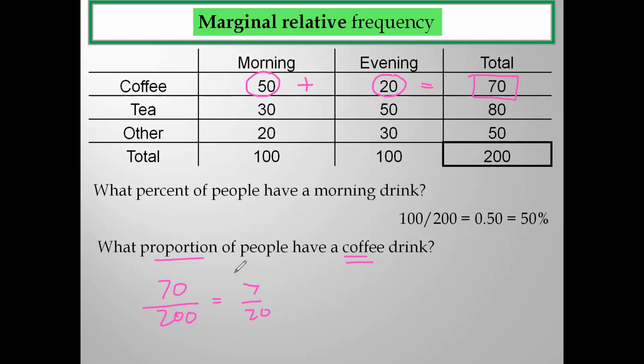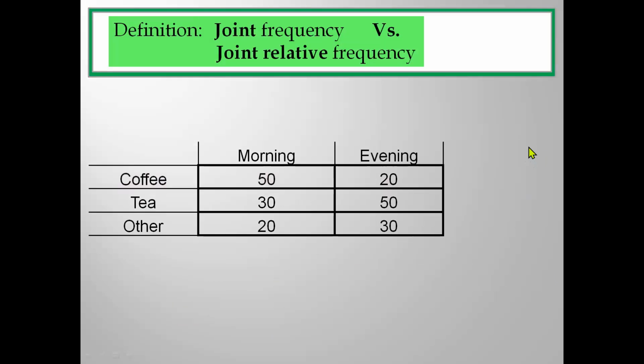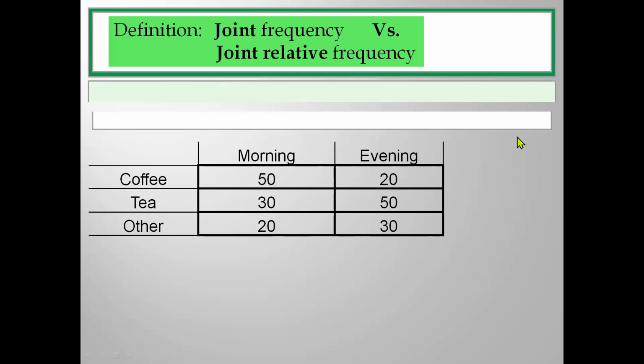And this would be a perfectly fine answer as a proportion. To go over again, we're looking at coffee as our category. We're looking at the total, which is 70, and we're dividing it by 200. We can leave it as 7/20 as our final answer as a proportion. If we also want to write it as 0.35, that's also fine.